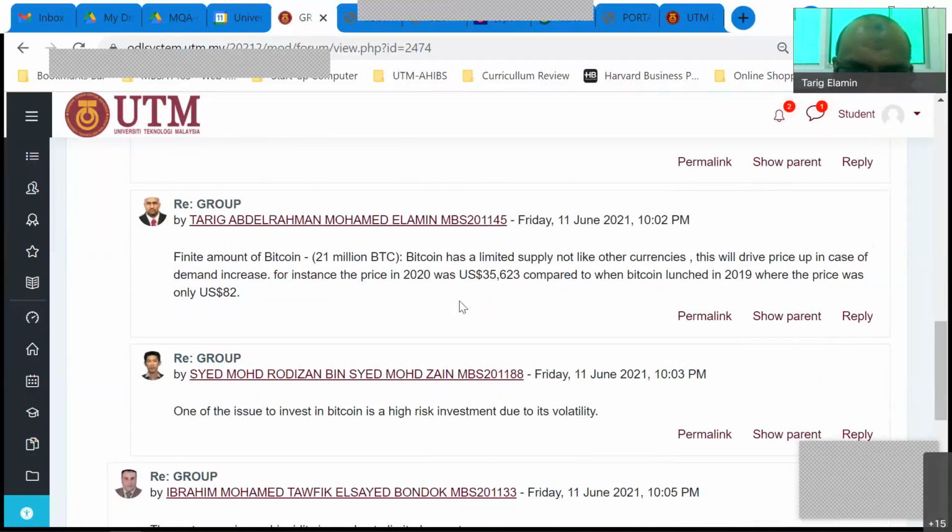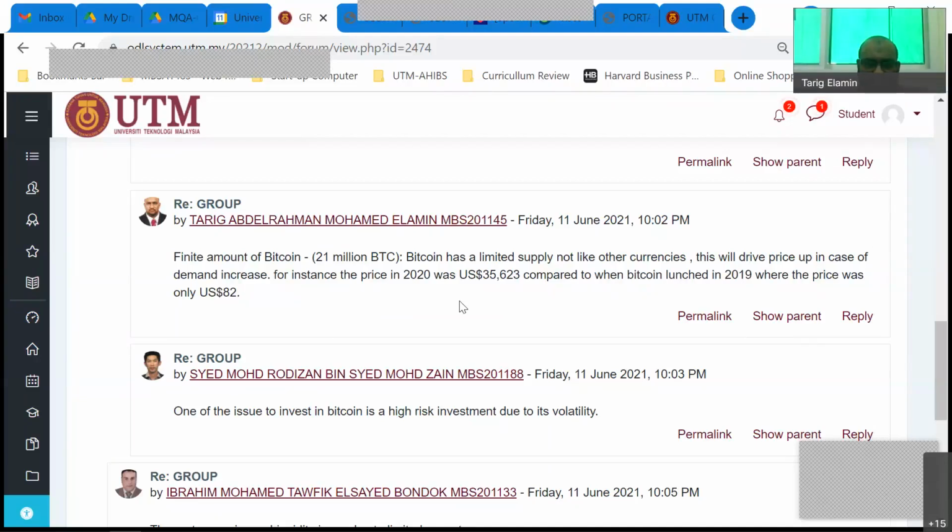When it was launched in 2009, sorry, I put 19 by mistake here, it is 2009, the price was only $82. Now the price in 2020 reached $35,623, because of the increased trust in Bitcoin as an investment asset, and the price also increased due to this limited supply. I will pass to Said for the next point.